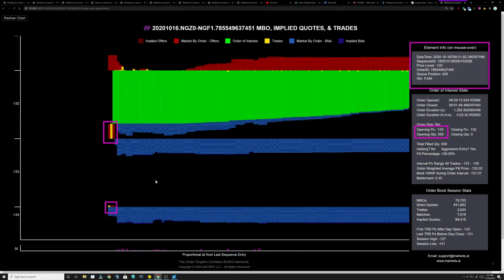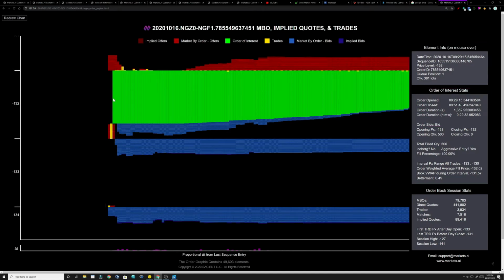So it comes on the book at 132 and blows through 133's 10 lots at 133, and then it lifts 132s for 109 lots, and then rests the remainder of 381 lots on the book at 132 bid.